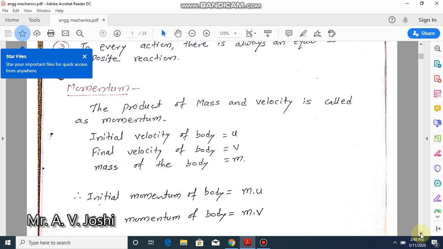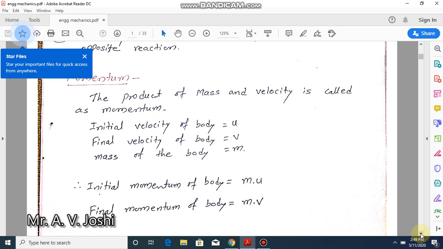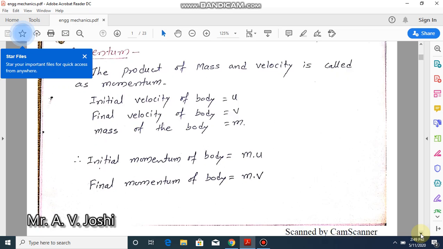Suppose this is a body at rest, and if I apply a force and the body is in motion, then the initial velocity of the body is u. Then I increase the force, and the body also increases its velocity, so the final velocity of the body is v. The mass of the body is constant, equal to m, so the initial momentum of the body is m into u, and the final momentum of the body is m into v.